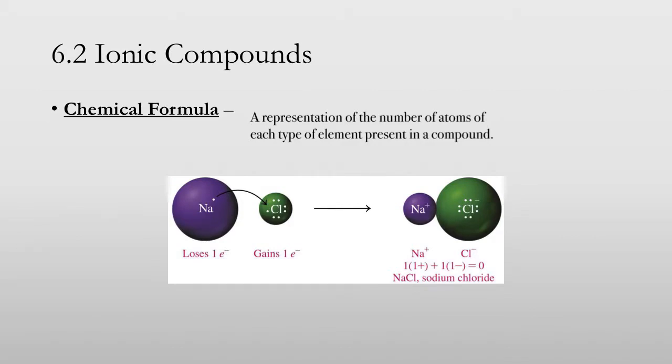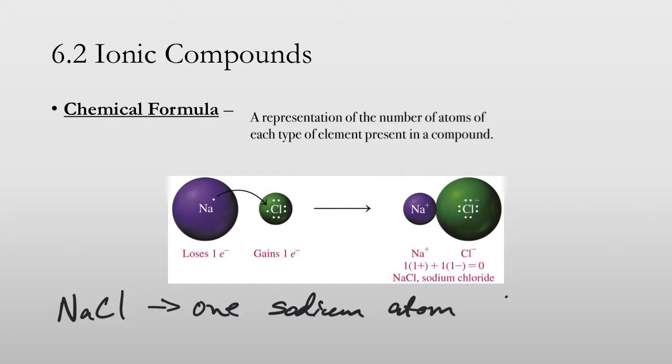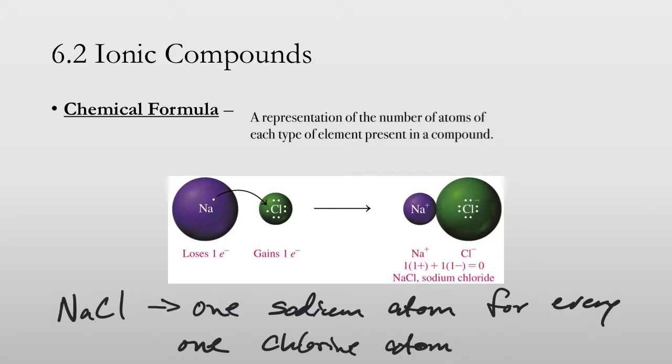A chemical formula is a representation of the number of atoms of each type of element present in a compound. So for example, we could write sodium chloride. It has one sodium atom for every one chlorine atom. That's pretty straightforward.